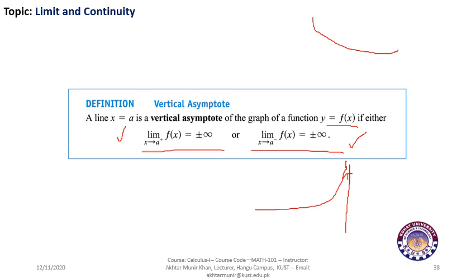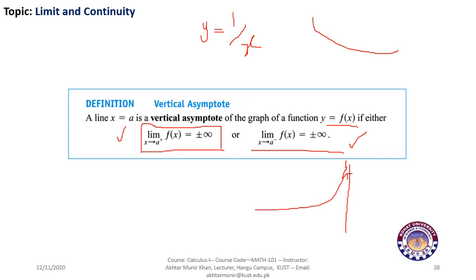For example, we have seen the example of y equals 1 over x. Here we saw that the line x equals 0 was touching the function y equals 1 over x at infinity.